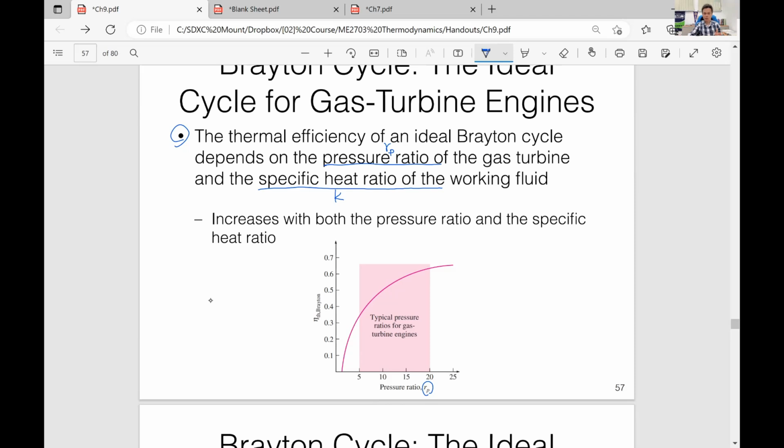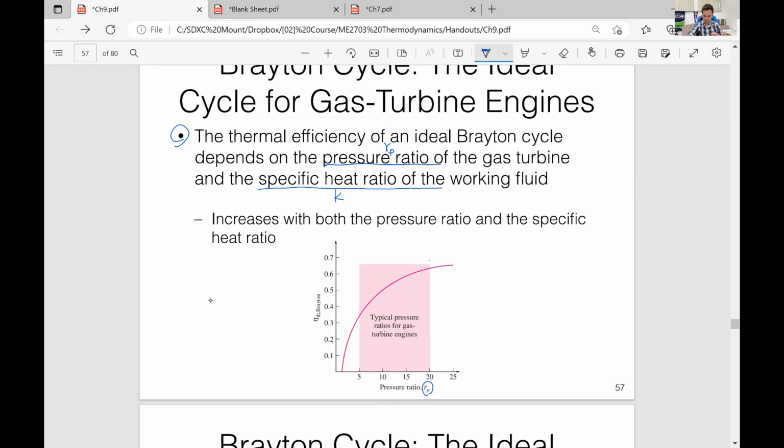If you are talking about the same pressure ratio, if you want to change the specific heat ratio or vice versa, when the pressure ratio increases, then the thermal efficiency increases. That also depends on the constant specific heat ratio, right?